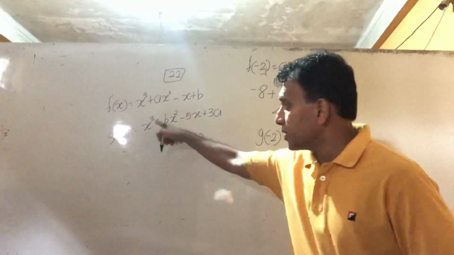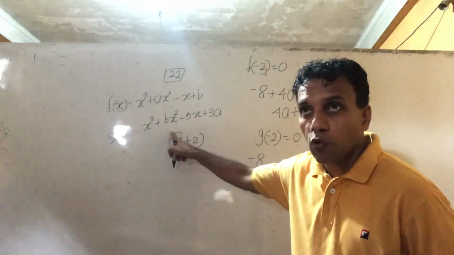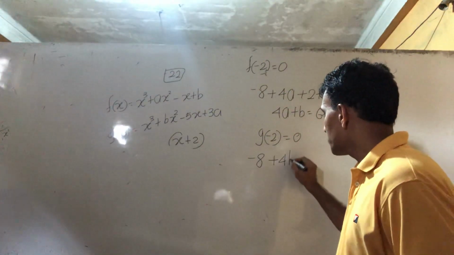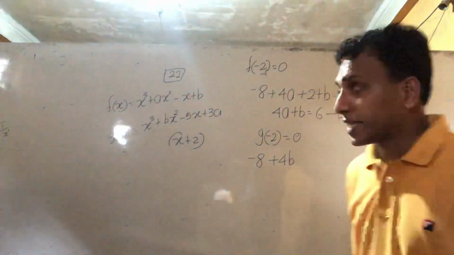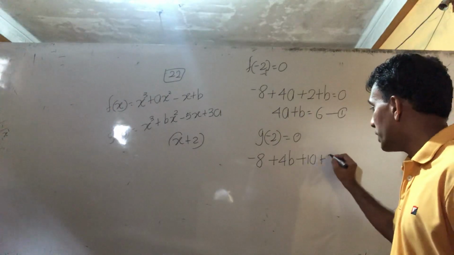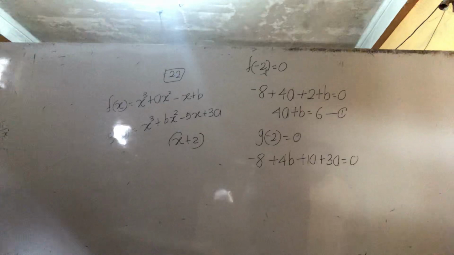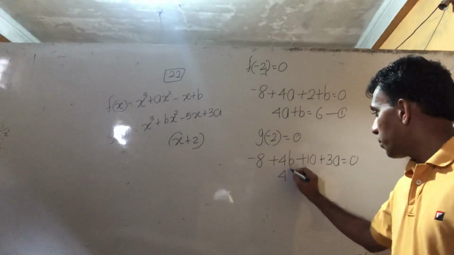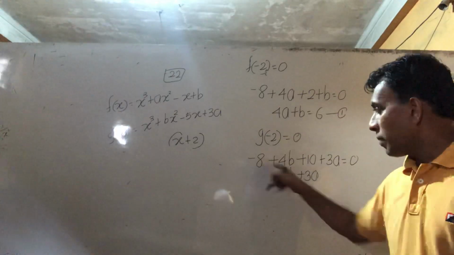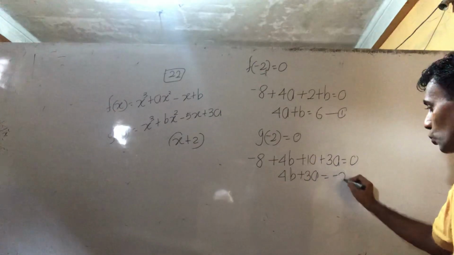What is x cube for minus 2? Minus 8. Here minus 2 square is 4, into b, 4b. Then x for minus 2 and plus 10. Plus 3a equal to 0, right? So that is 4b plus 3a. Here minus 8 plus 10 plus 2, the other side minus 2.